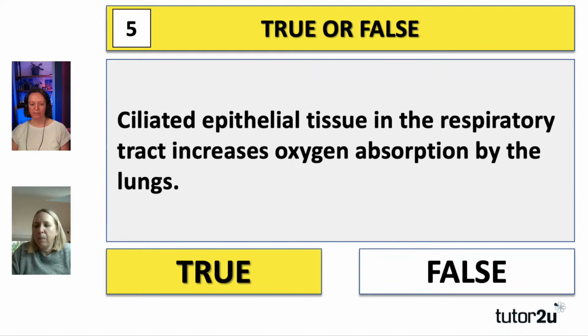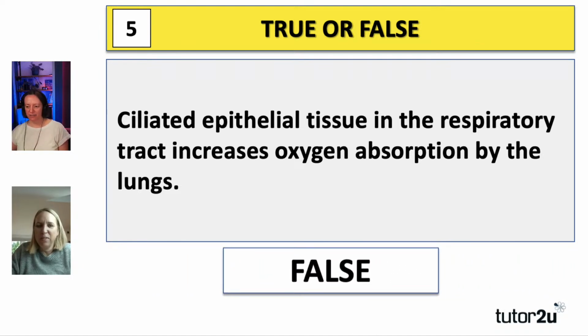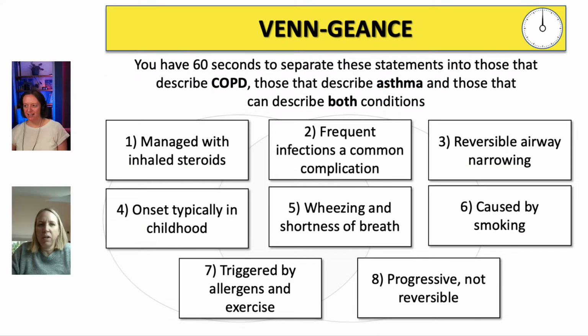Okay, shall we have a look? Manima is saying false, which is right. So the role of the ciliated epithelial tissue is to trap and move particles, not absorb oxygen. Just keep all those nasties out of our lungs.